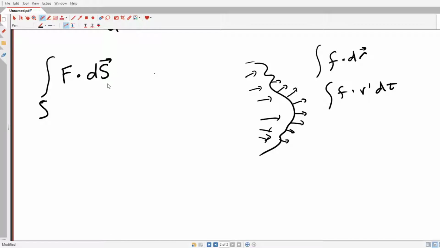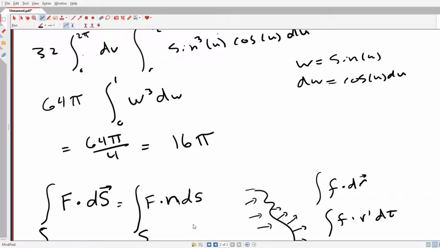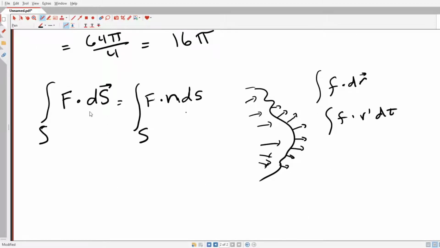But what this is equal to is f dot the normal component n, dS as a scalar, where dS is equal to the magnitude of ru cross rv dA.